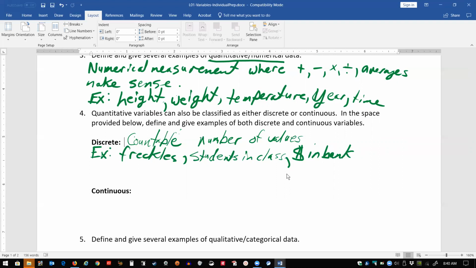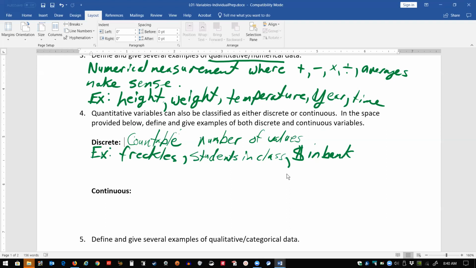But even though I have 1 and 2 in there, all the values between 1 and 2 are not a part of that set. So that's another example of discrete. Again, typically when we're talking statistics, a discrete variable just has a countable number of values. There's so many that are possible, and you can count them.